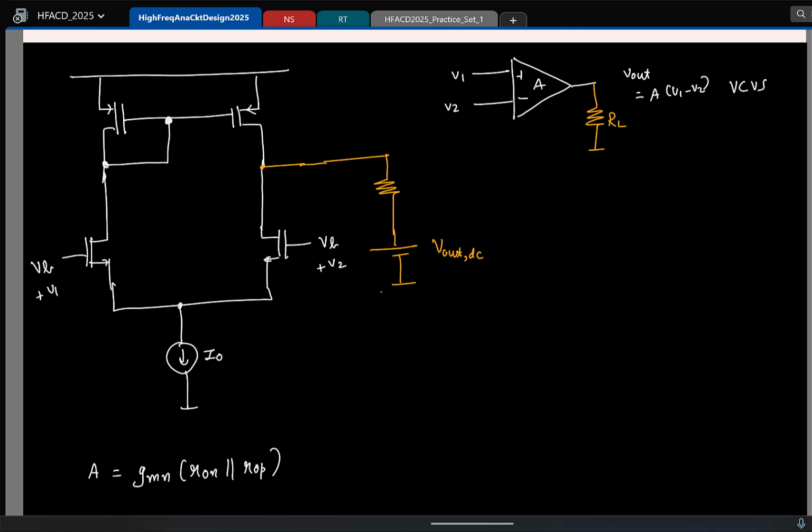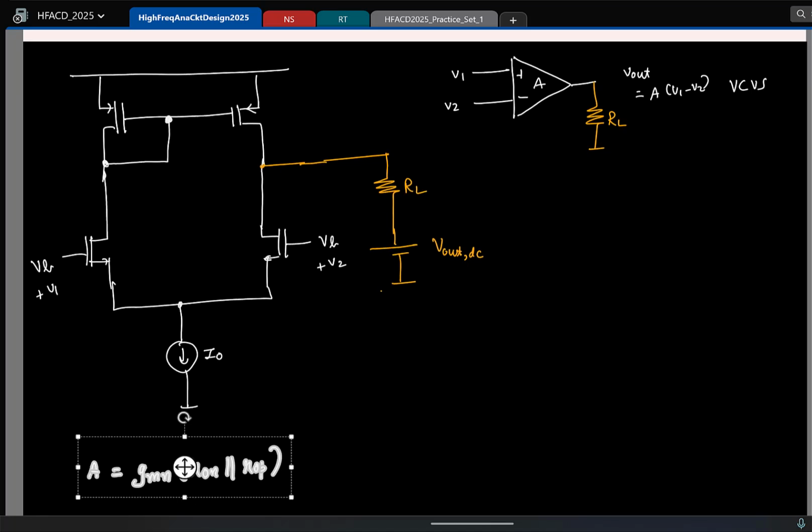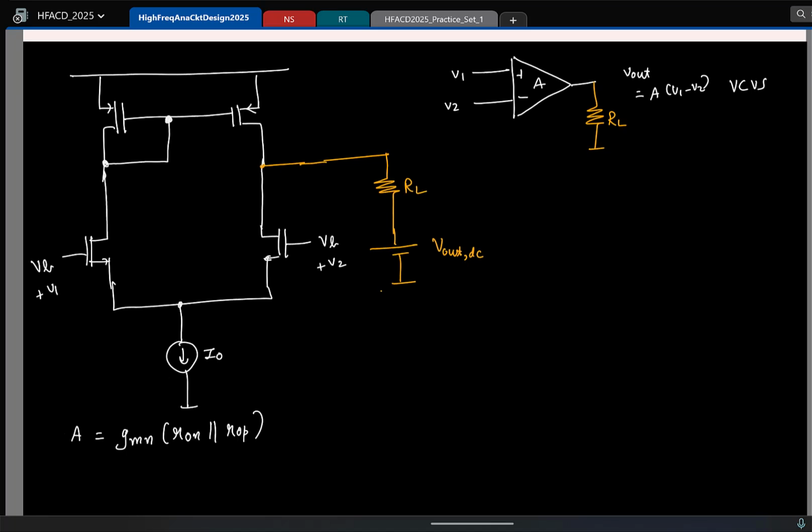So anyways, now let us say you connect RL appropriately using a capacitor or something like this. But what will happen to the small signal gain now? With respect to small signal, it is connected to ground. So what will happen to the small signal gain now? So this will come in. This clear?